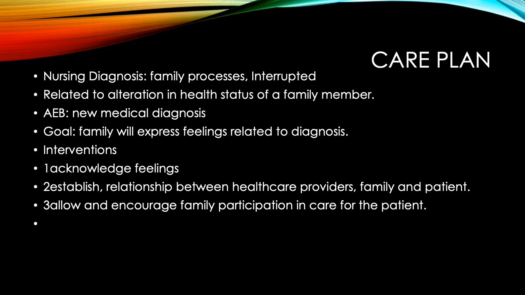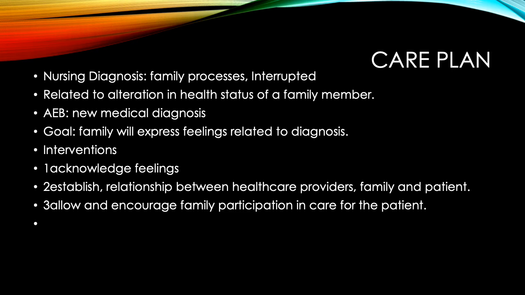Establish a relationship between the healthcare providers, the family, and the patient. Make sure that there are pathways where the patient and the family know that they can talk to and trust those healthcare providers and be able to reach out to them when they need help.